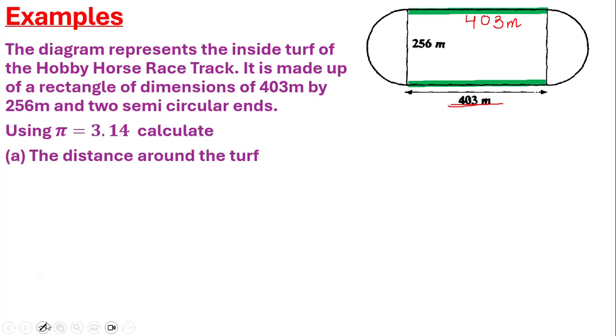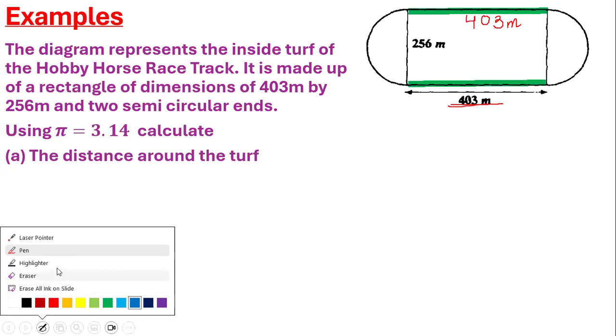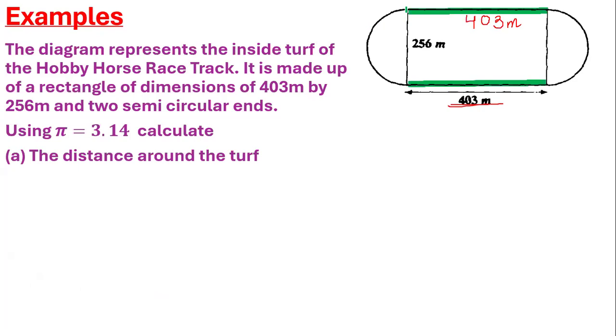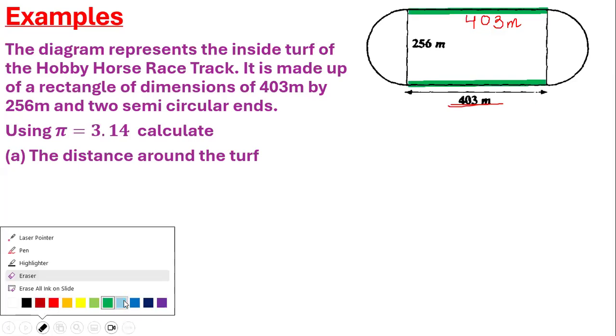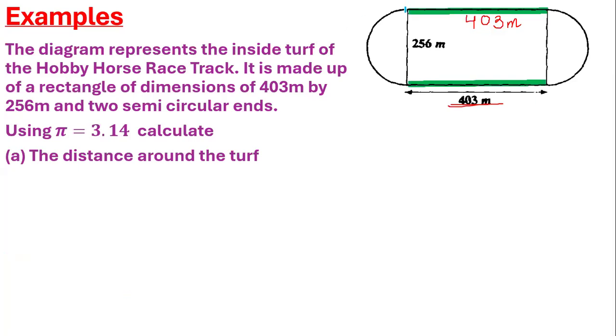We also need to figure out what is going to be the circumference, right? The circumference of this circle, this portion. That's got to be a different color. You want also the circumference of this portion. And what shape is this?